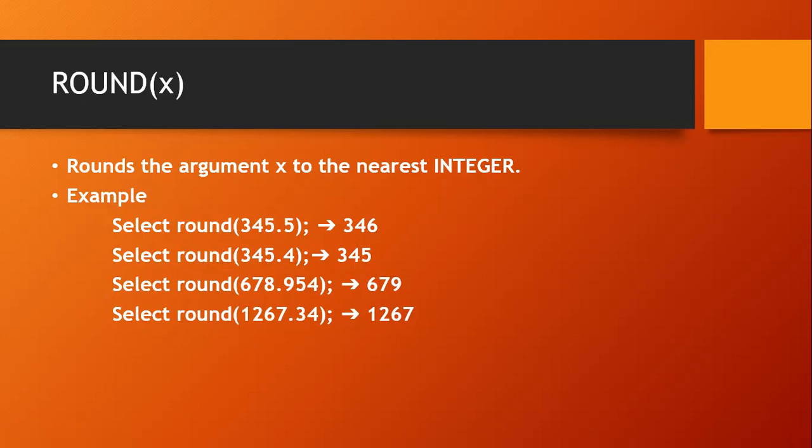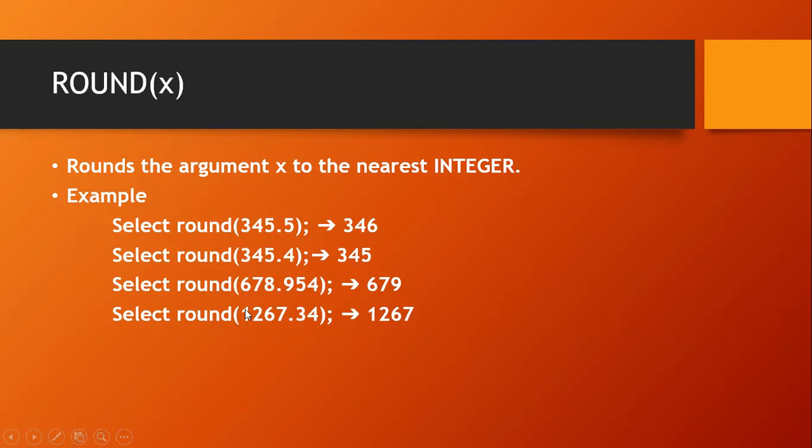In the third example, select round of 678.954. Before removing this decimal place, it will check whether the first number in the decimal place, that is 9, is greater than or equal to 5. Yes. So what happens? A plus 1 has to be added to the ones place, that is to the 8, and it returns the output as 679.